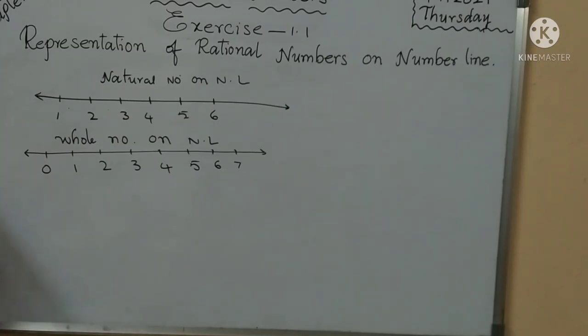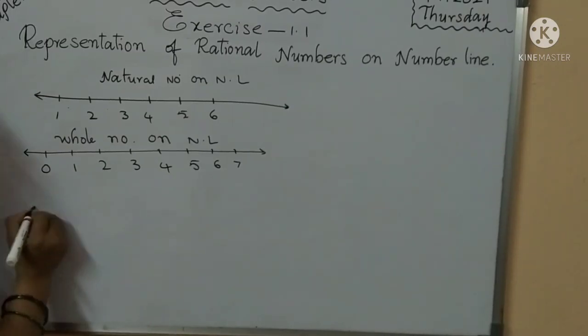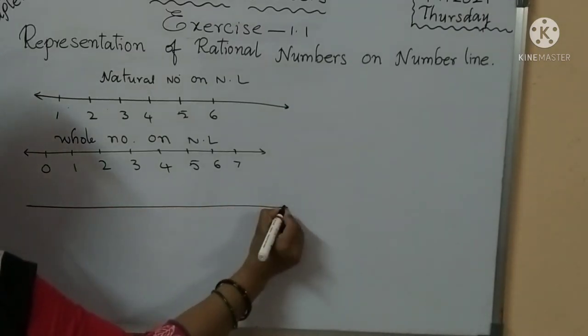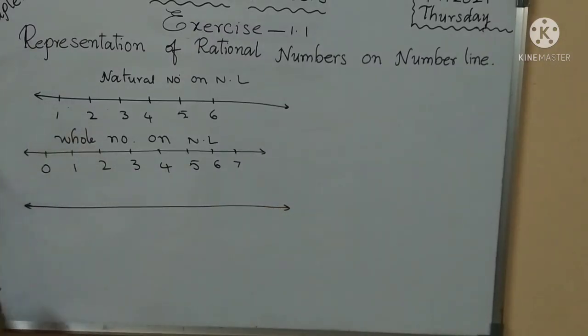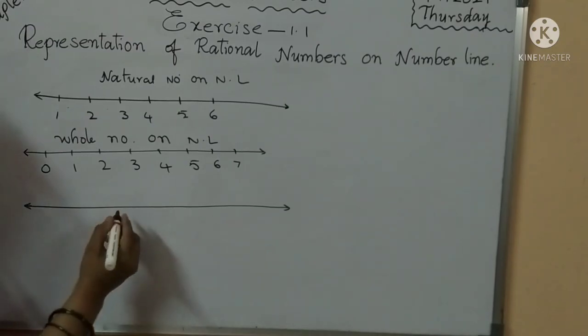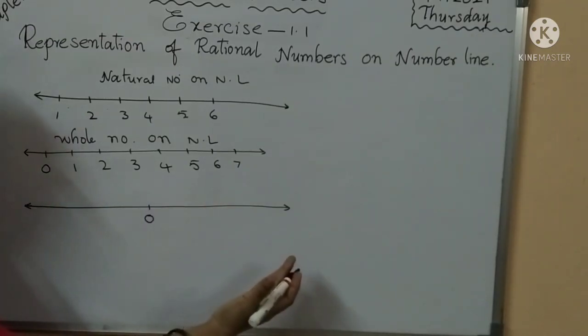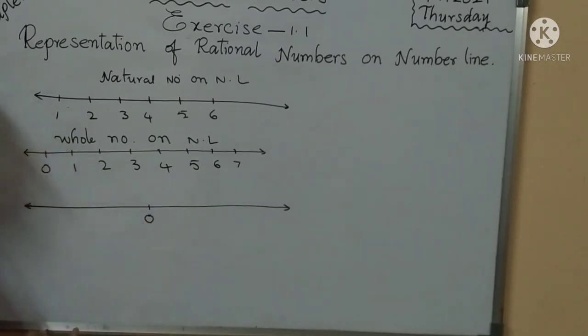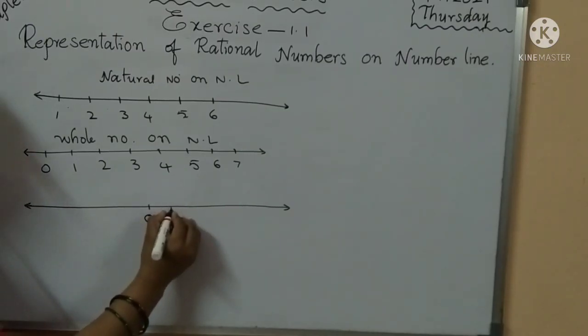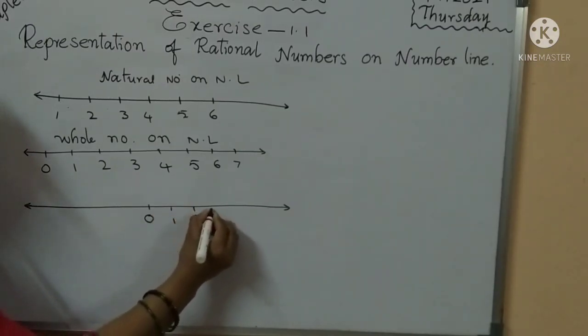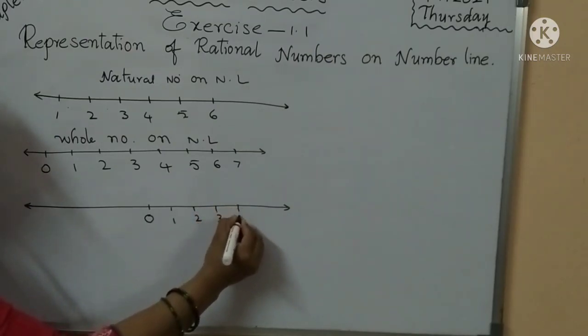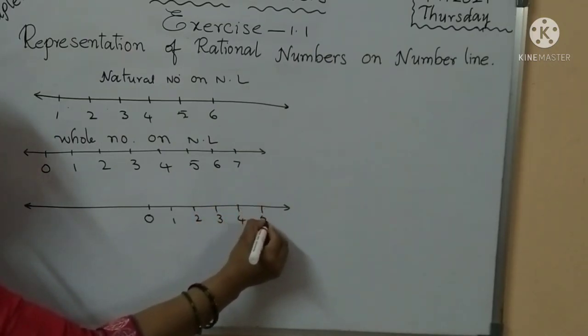Next one is the integers. Integers have positive values and negative values. Starting with 0 onwards, on the right side we have to take the positive values only: 1, 2, 3, 4, 5.